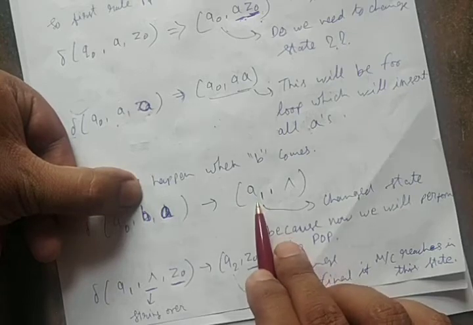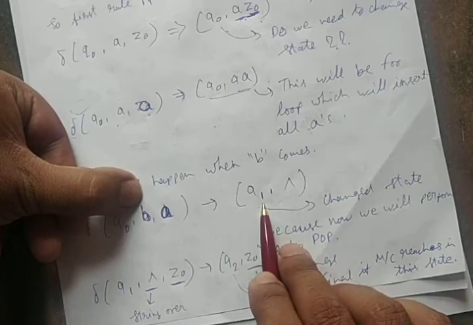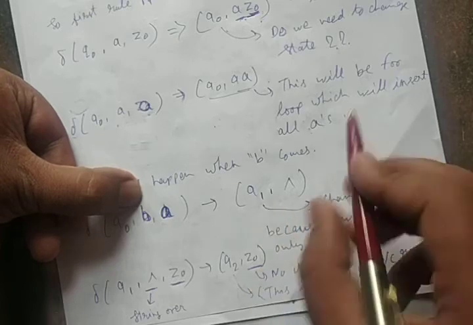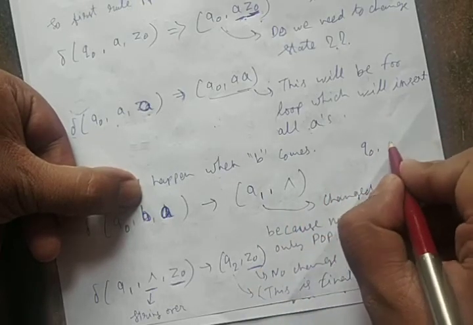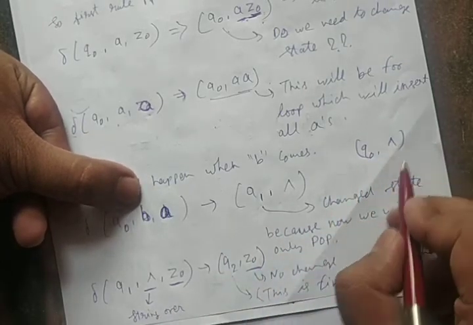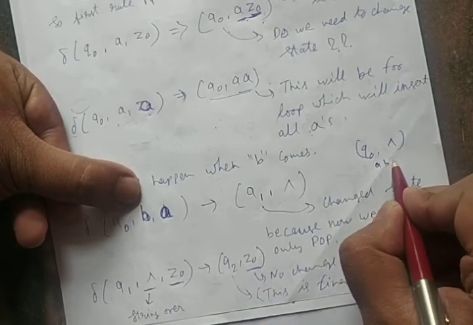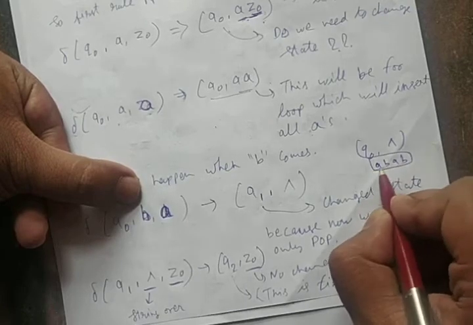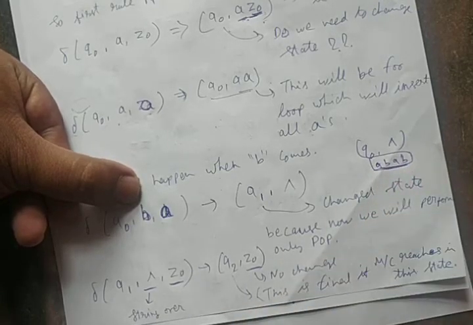Why have I made a change in my state? The reason is that if I write a similar Q naught null, then what will happen is that ab will get accepted.